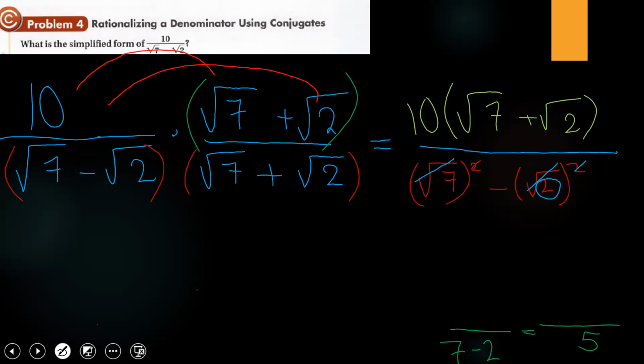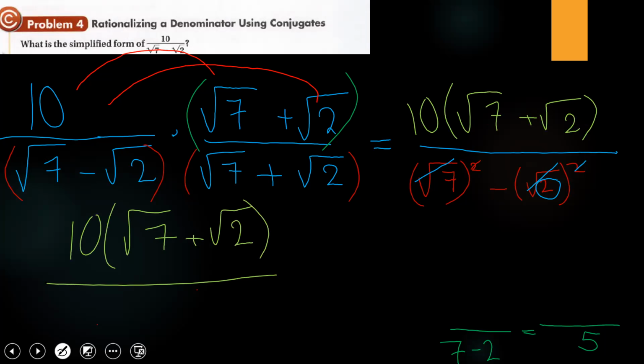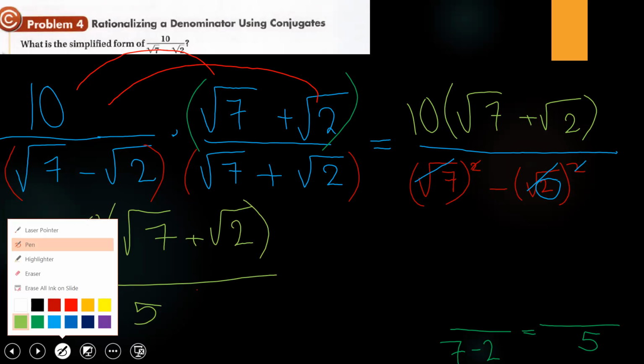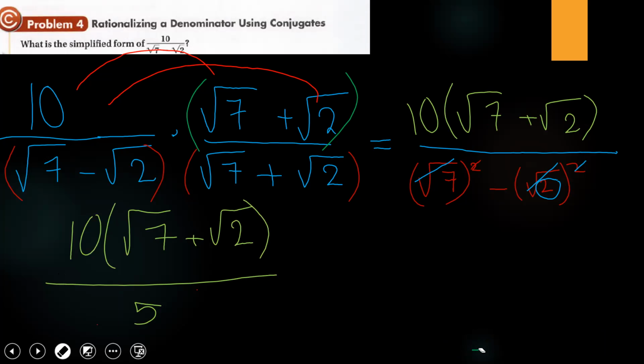That means I write it as 10 times the square root of 7 plus the square root of 2, over 5 in the denominator. Then after that, 5 and 10 have a common factor, so after simplifying we have 2 times the square root of 7 plus the square root of 2.